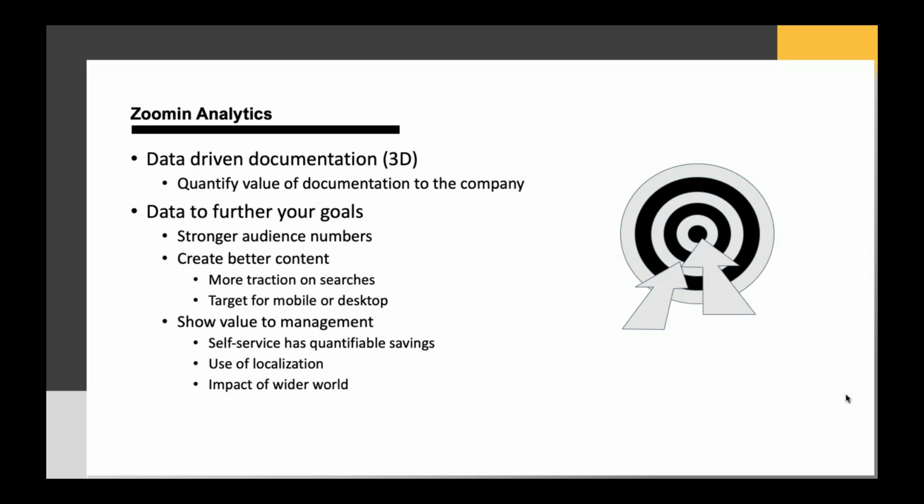And of course, there is the wider world, right? So as we spoke about before, your customer does not have you at the center of their world, right? They're using many other products, they're doing many other things, they're not just interested in your product. So what does that mean? That means that they are aware when a competitor is releasing a feature and they are interested in searching for it in your site.